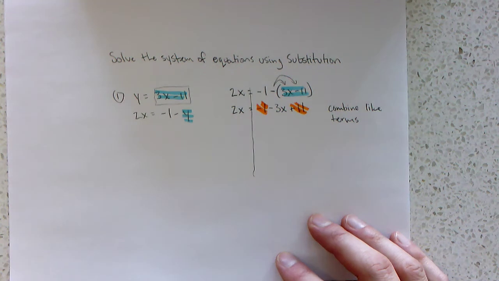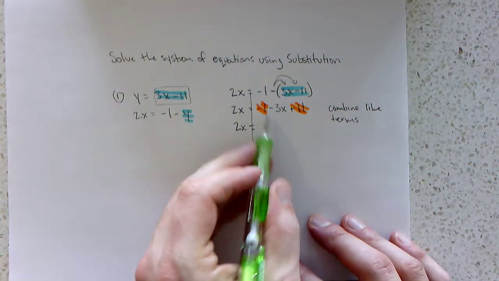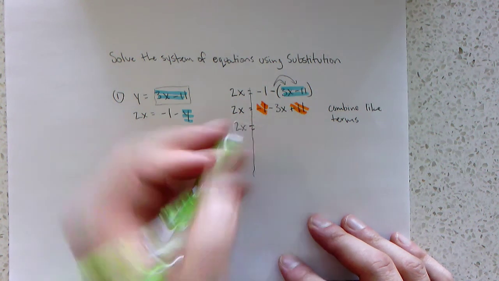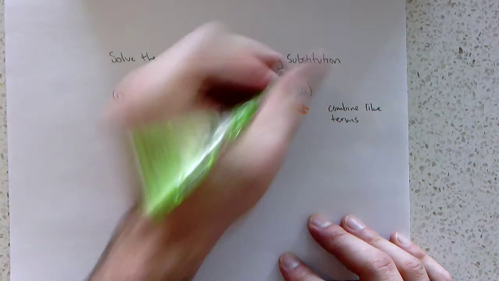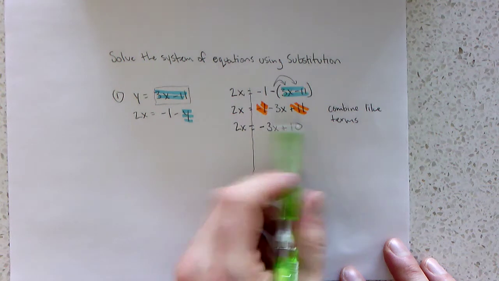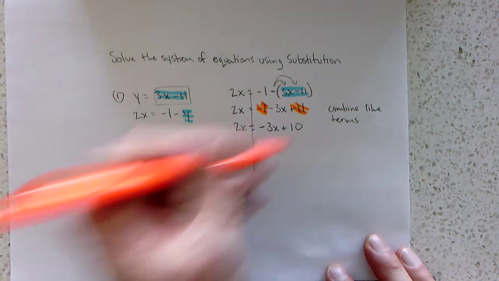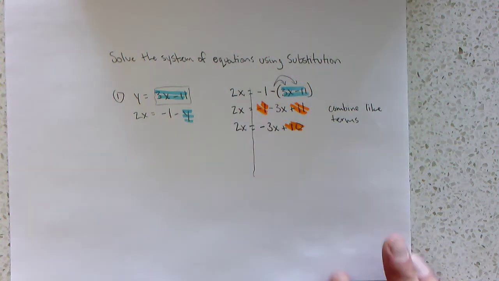So I'm going to rewrite this down here. So I'm 2x, and then I'm going to subtract a negative 1 from 11. So I've got negative 3x plus 10. So combining these two gives me the 10. So when I combine those two, I get my 10.